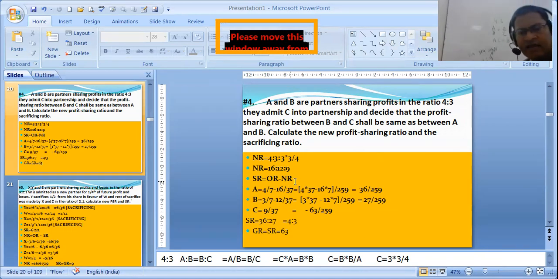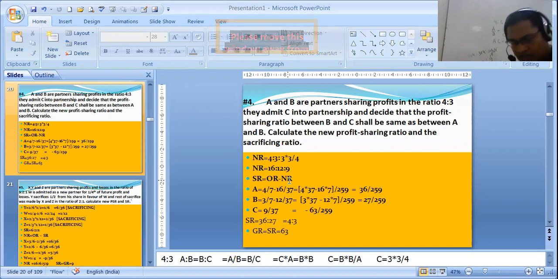We can again compare using SR is equal to OR minus NR. The old ratio between A and B was 4 is to 3 only, so 4 by 7 and 3 by 7. The new ratio is 16 by 37 and 12 by 37, since 16 plus 12 plus 9 is 37. Solving it, I get 36 by 259 and 27 by 259.